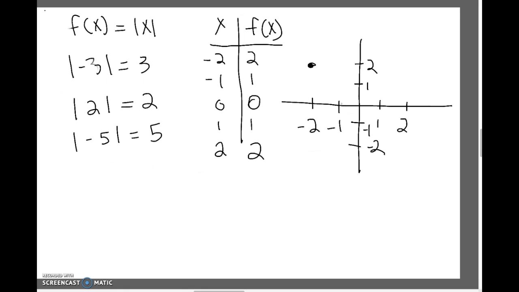At -1, it evaluates to 1. At 0, it evaluates to 0. At 1, it evaluates to 1. And at 2, it evaluates to 2. Now we'll just connect the dots. And that will be the graph of f of x equals absolute value of x.